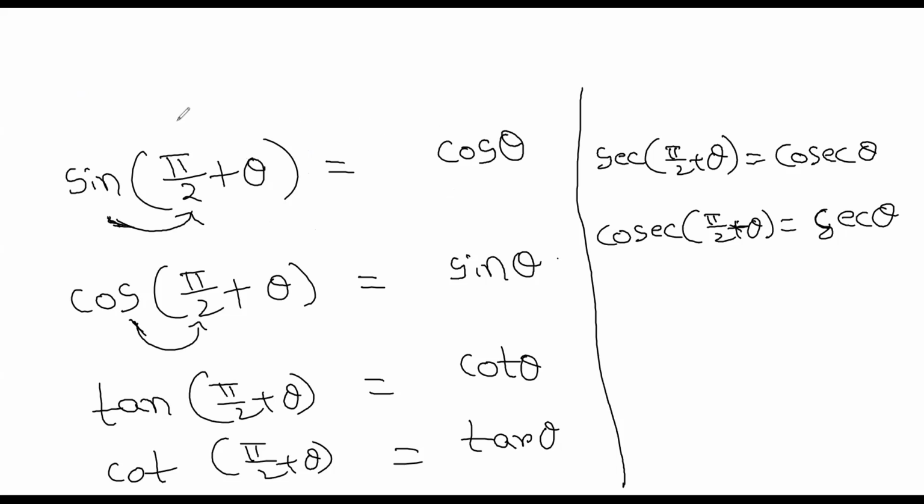Now you have to remember this. Sine of pi by 2 plus theta comes as cos theta. Since it is pi by 2, we eliminate the pi by 2 and change sine to cos.